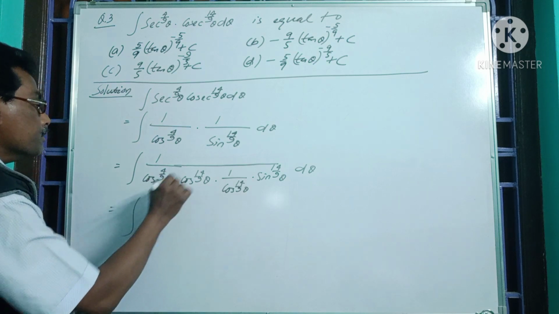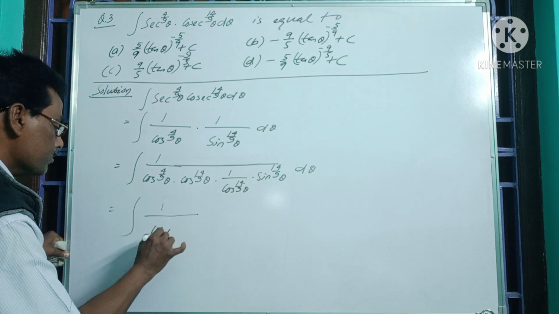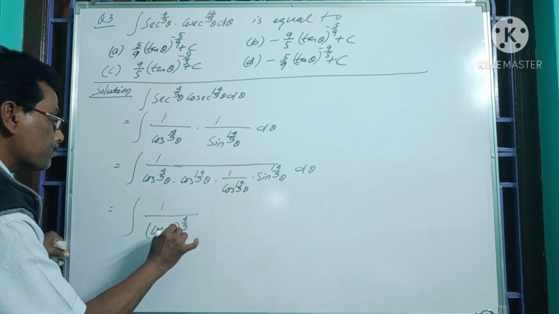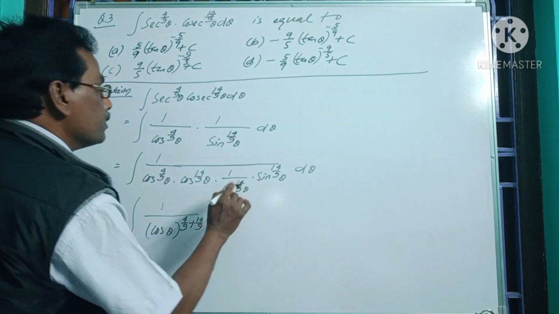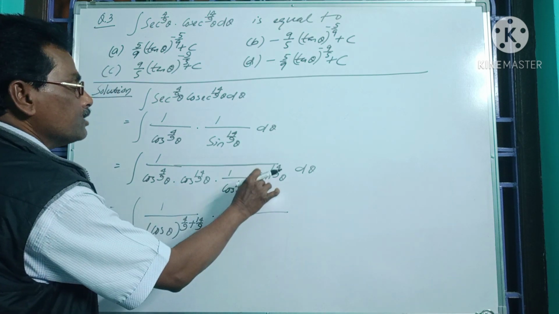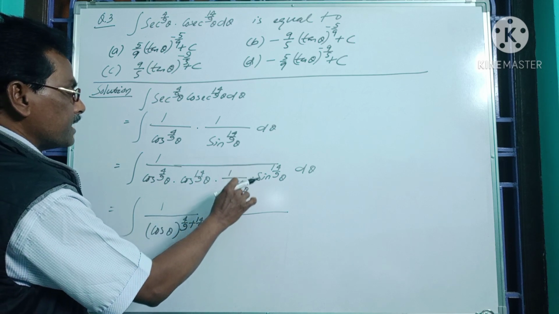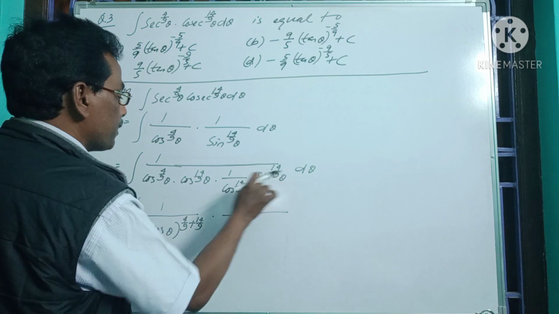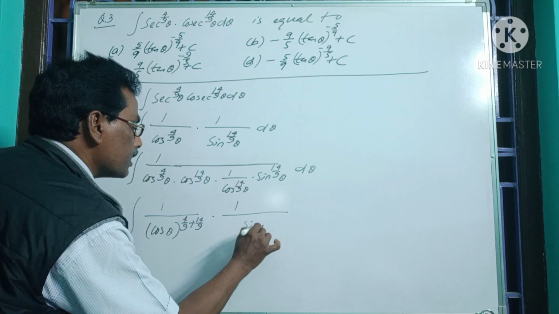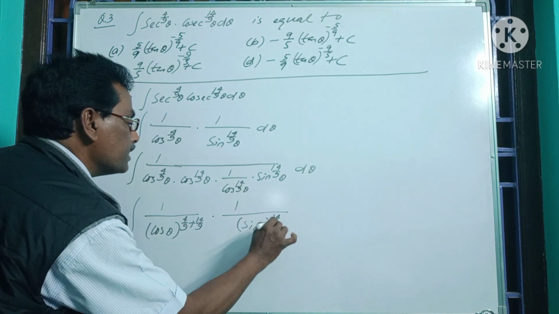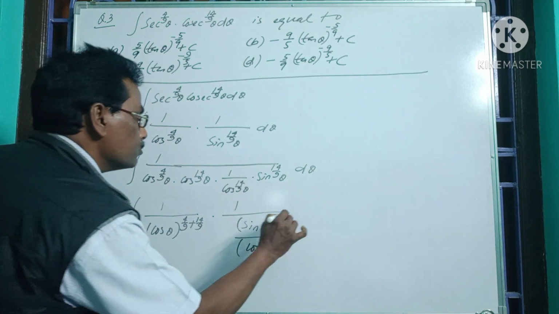Adding the powers, we have the integration of 1 by cos theta to the power 14 by 9 plus 4 by 9 into sin to the power 14 by 9 theta by cos to the power 14 by 9 theta, which gives sin theta to the power 14 by 9 by cos theta to the power 14 by 9, whole integration with respect to theta.